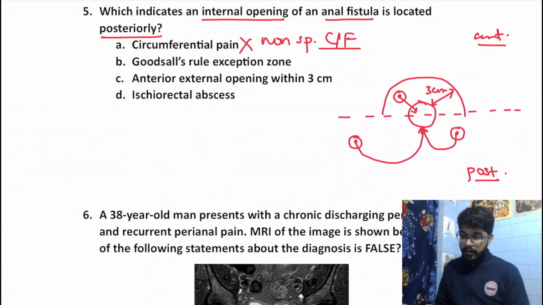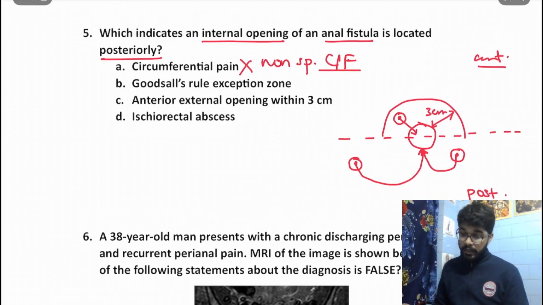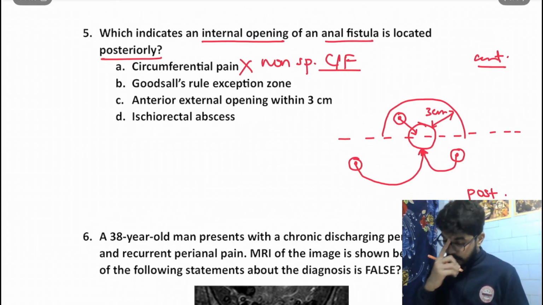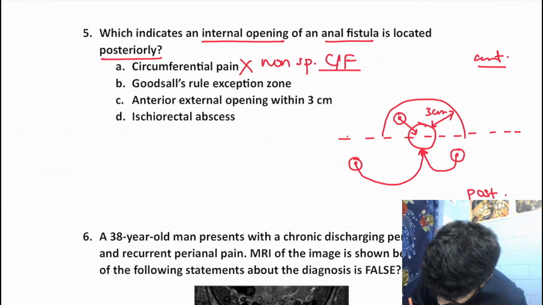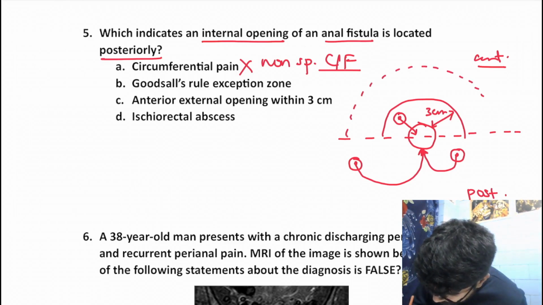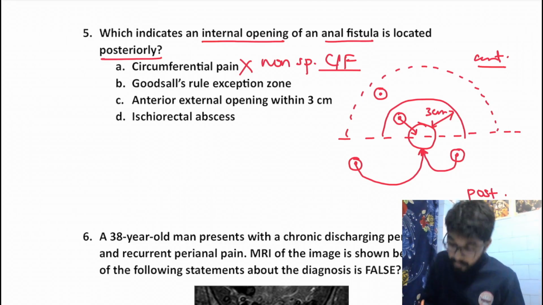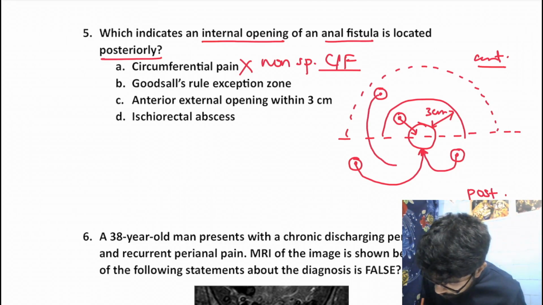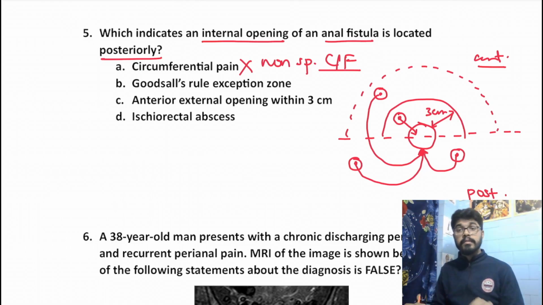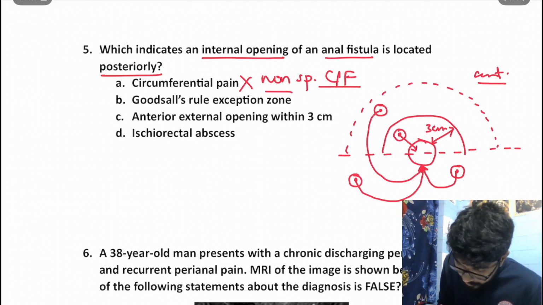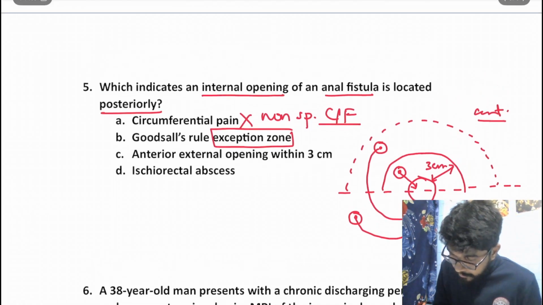Another important point regarding Goodsall's rule is that if it lies beyond 3 centimeters in the anterior region, it will follow the posterior path. That is, it will follow a curvilinear path and open into the posterior 6 o'clock position. Now, talking about the option, the exception zone. What is the exception zone?